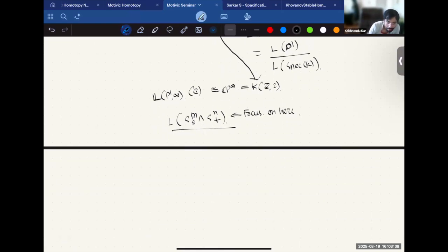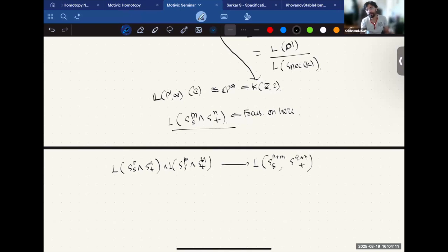Note that we have an induced smash product here: L of S^p smash T^q is T to S^p smash T^q.